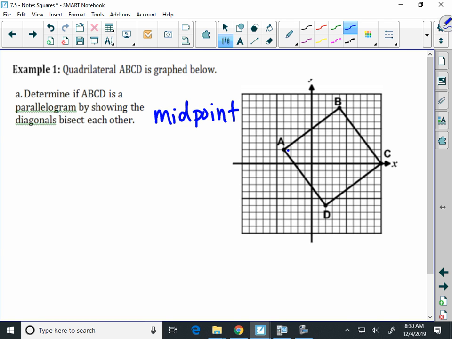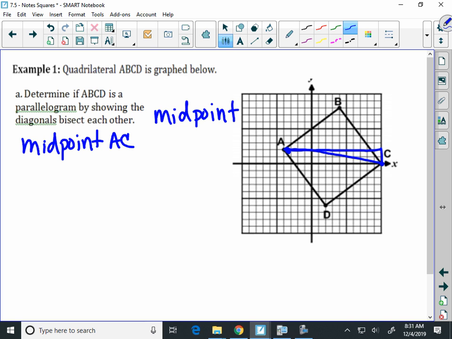So we're going to start with diagonal AC. And again, I'm going to do the midpoint of AC. We're going to draw our triangle. And it doesn't matter, I'm going to start with C. So we're going to go up and over here to draw that.